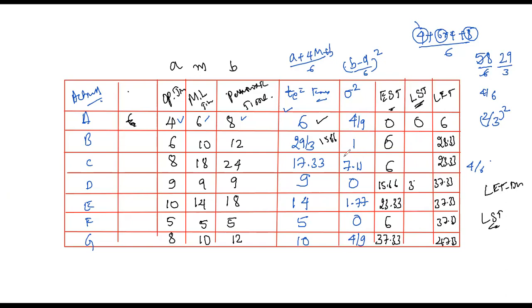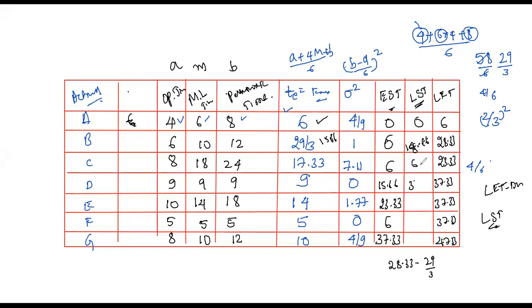Check it. 28.33 minus 29/3, how much will you get? Simplify it. Around you'll get 14 point something, in a fraction, 18.66. Okay, fine. Again 23.33 minus 17, you'll get around 6 point something.